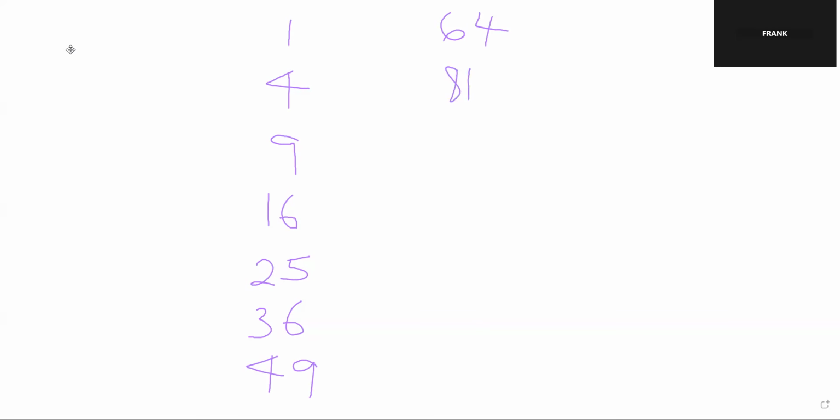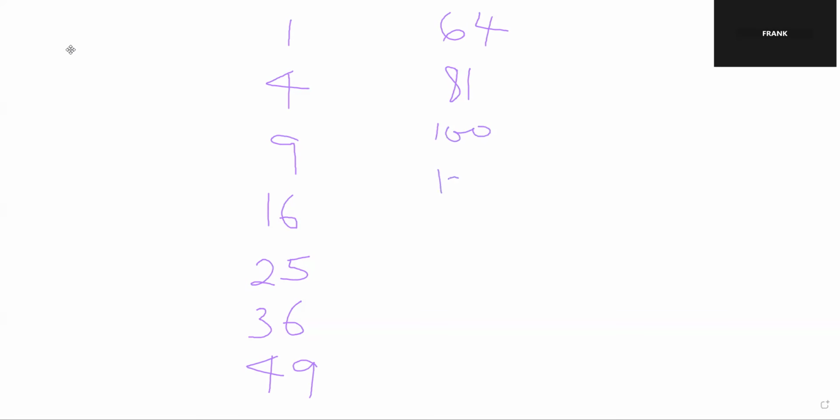So 1 times 1 is 1, that's the first perfect square. 2 times 2 is 4, second perfect square. 3 times 3 is 9, third perfect square. 4 times 4 is 16, fourth perfect square. 5 times 5 is 25, fifth perfect square. 6 times 6 is 36, sixth perfect square. 7 times 7 is 49, seventh perfect square. 8 times 8 is 64, eighth perfect square. 9 times 9 is 81, ninth perfect square. 10 times 10 is 100, 10th perfect square.